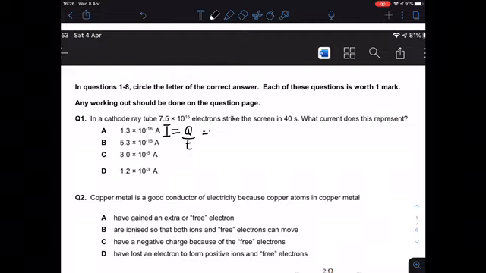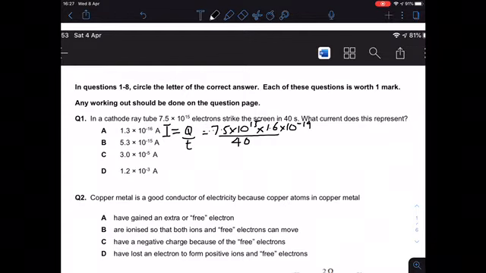So we've got 7.5 times 10 to the 15 electrons, and the charge on each electron is 1.6 times 10 to the minus 19 coulombs, and the time it takes for those to flow is 40 seconds.